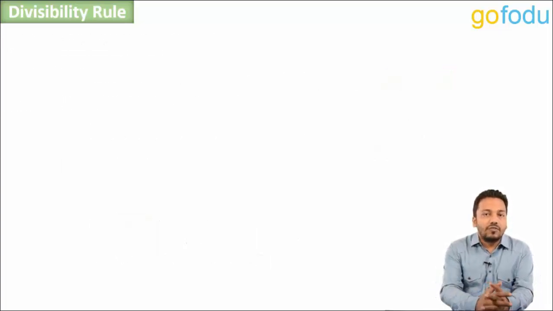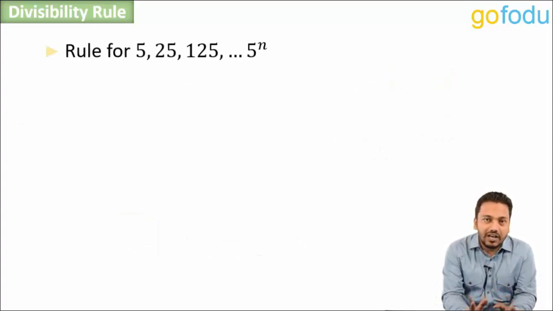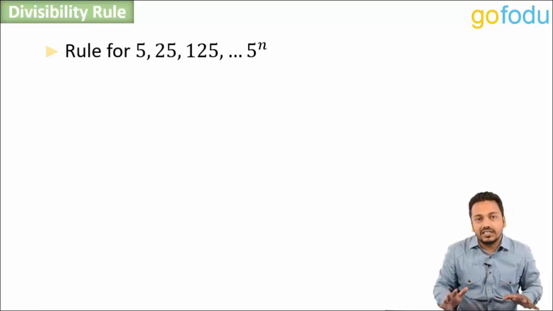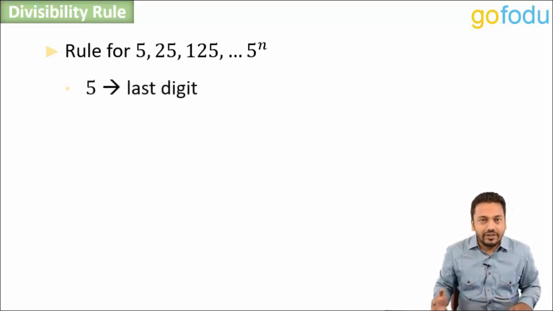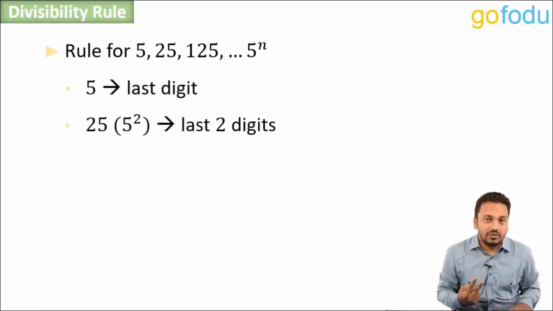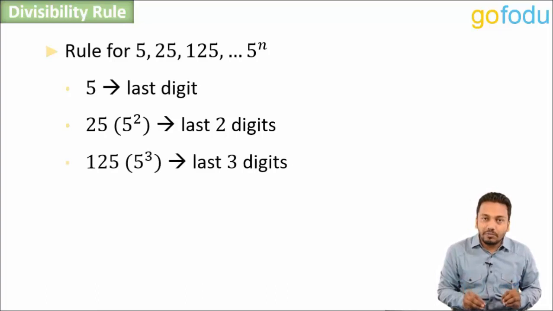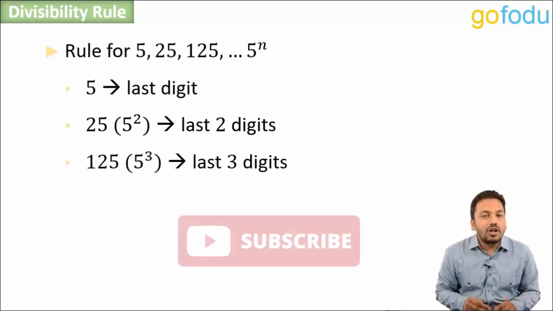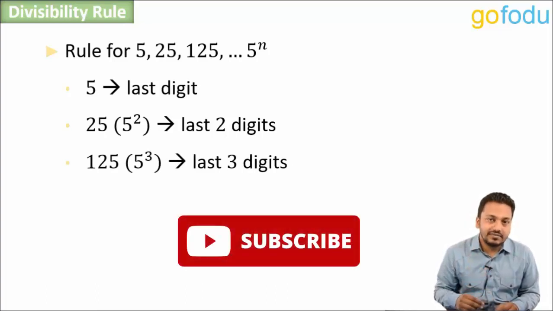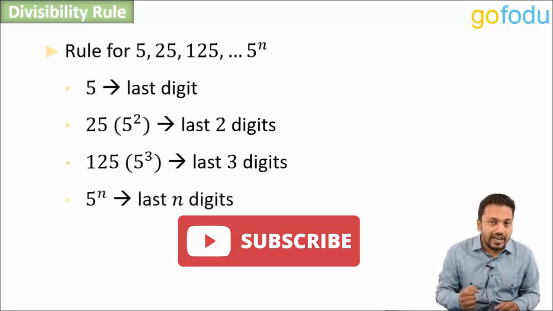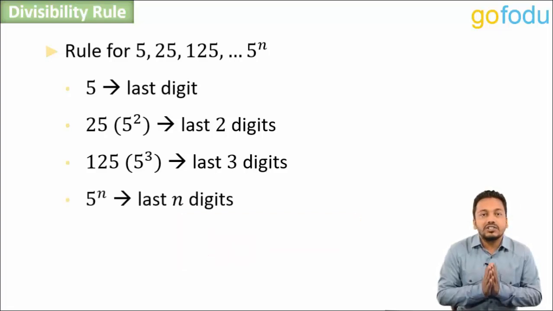Let's move on to the rule of 5. The same funda will apply for divisibility of a number by 5. Just check the last digit. For 25, check the last 2 digits of the number, if they divide by 25 or not. In the same way, for 5 to the power 3, go for the last 3 digits. And for 5 to the power n, yes, you might have guessed by now, check the last n digits.